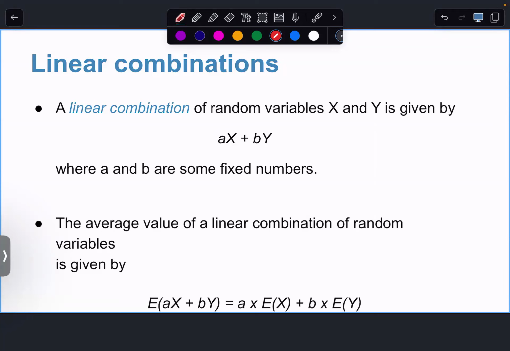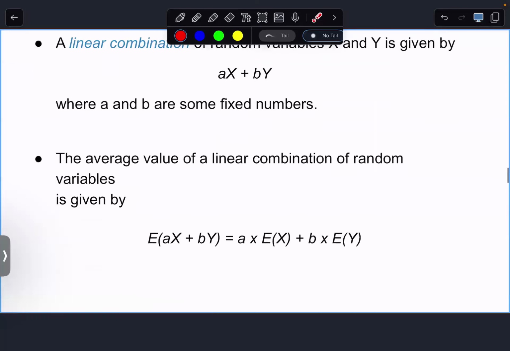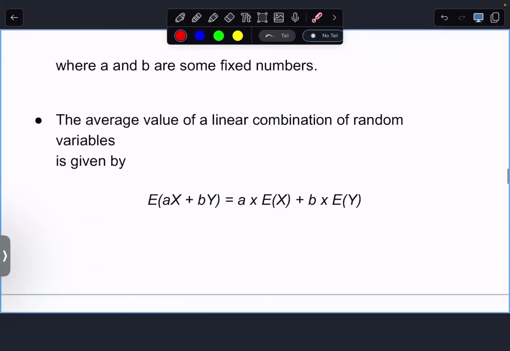So here we go. Just good to know. So a linear combination of two random variables, x and y now, is given by ax plus by. So some combination of x and y, right? Where a and b are some fixed numbers, some coefficients.